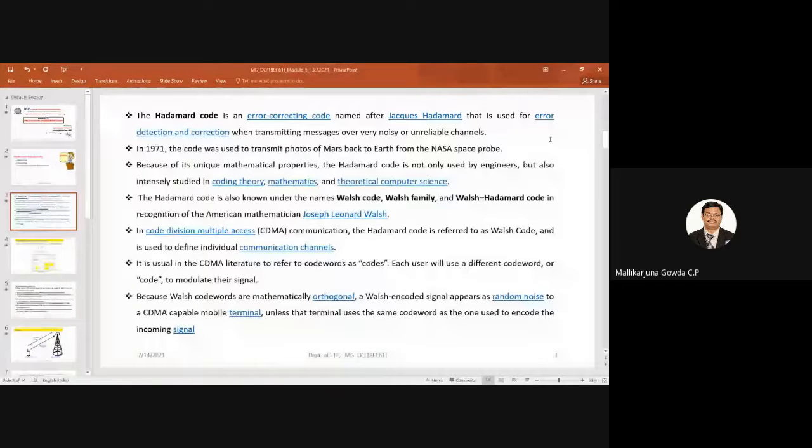At least, is it possible to say from your end what are the different types of error correcting codes you have studied so far? Error correcting codes. Yes, my dear students, already you have studied one subject called information theory and coding. That entire semester, that full subject deals with coding only.